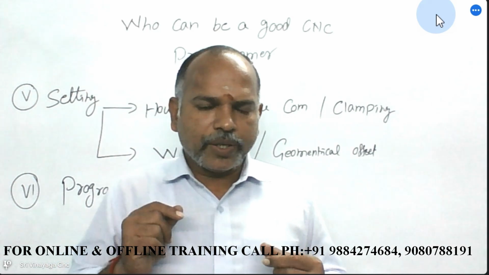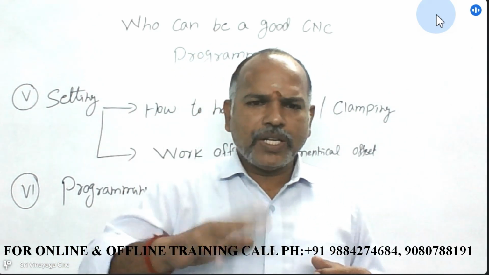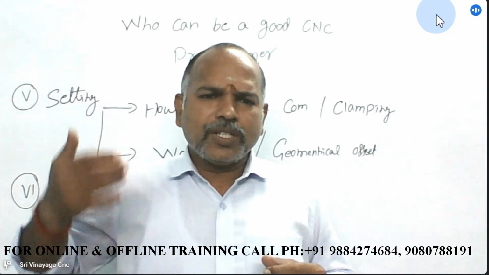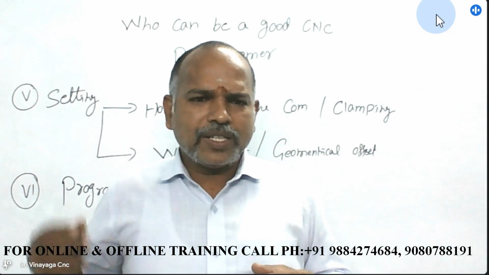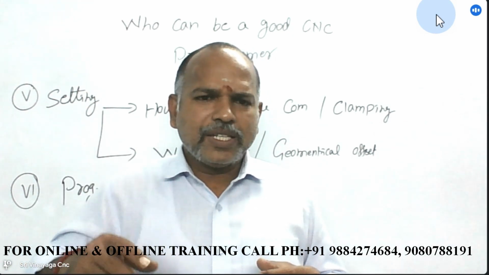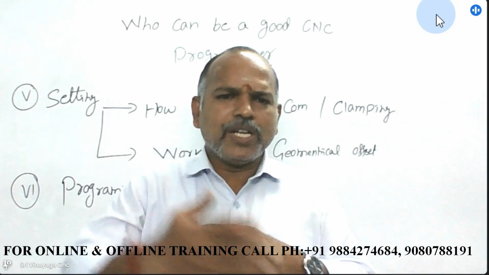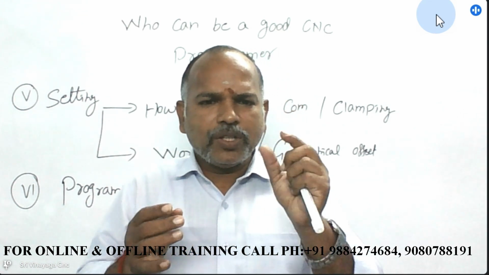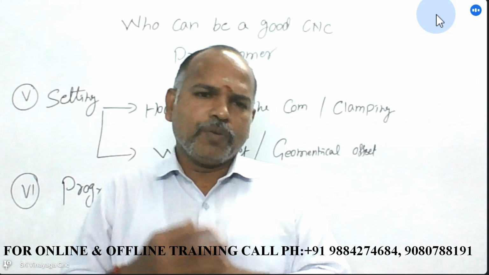That is important. Apart from the vernier caliper and micrometer, there are more instruments, like the plug gauge, snap gauge, drill gauge, bore gauge. But basically we should have knowledge about the vernier caliper and the micrometer.